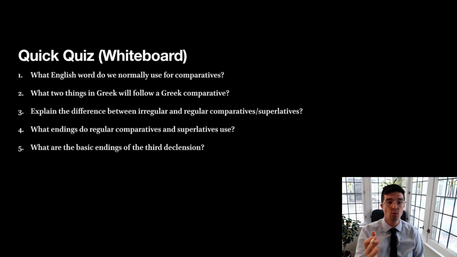Let's do one more quick quiz here. There's 5 of these, so go ahead and write 1, 2, 3, 4, 5 on your whiteboard. You're going to want to give yourself a little space because one of them is going to ask you to explain, and a couple of them are going to ask you to list things. Go ahead and write down your answers to these 5 questions.